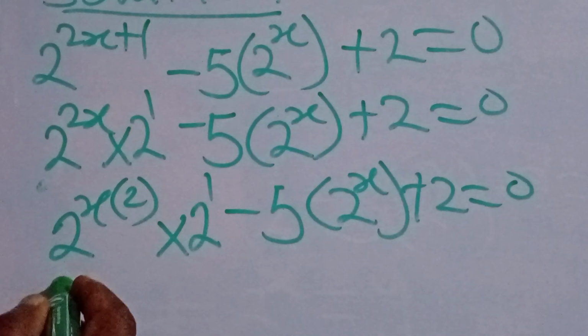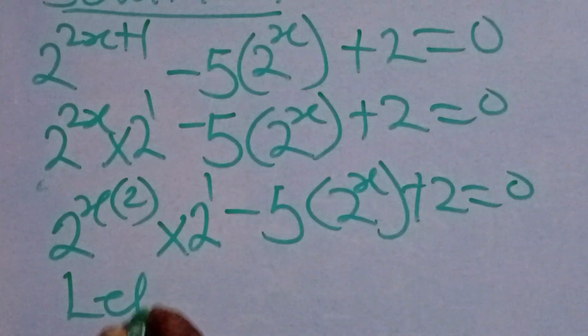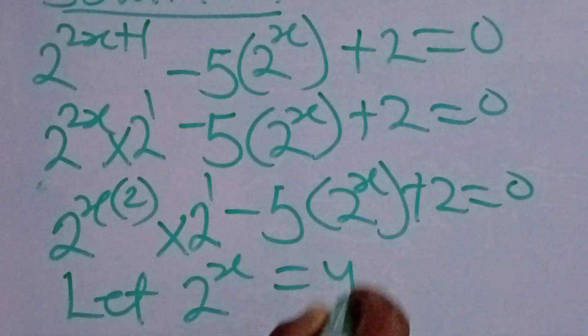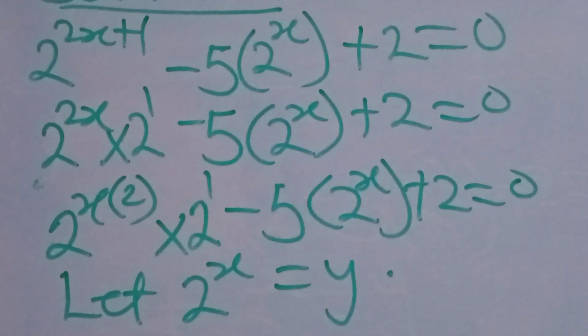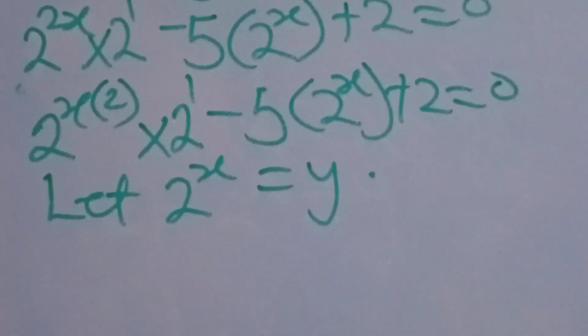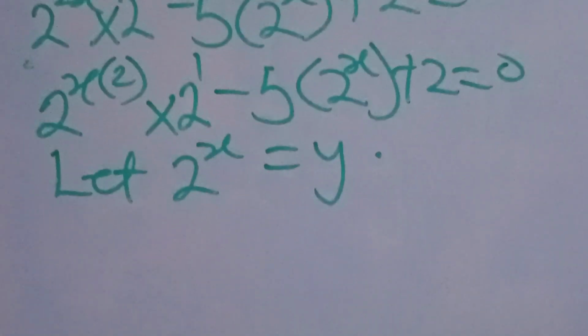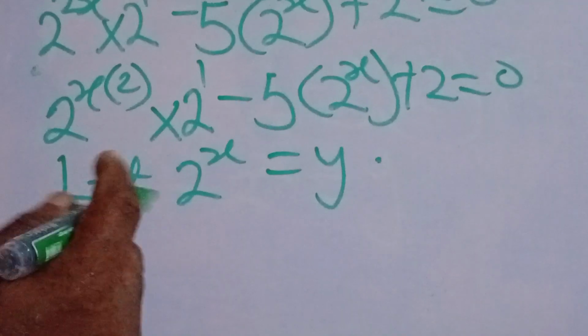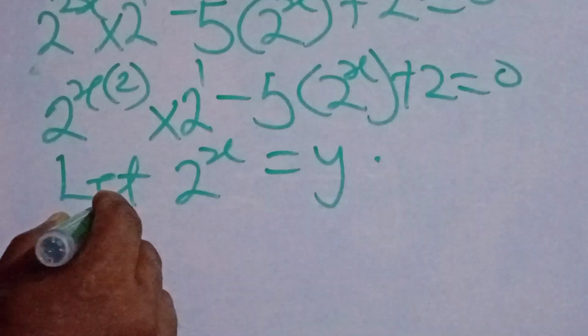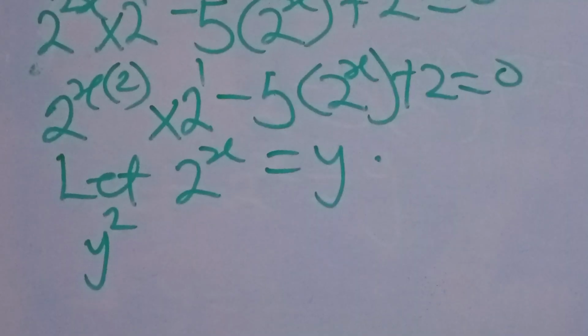You can say let 2 raised to the power x equals y. So that anywhere we see 2 raised to the power x, we put y. Here becomes y to the power of 2.